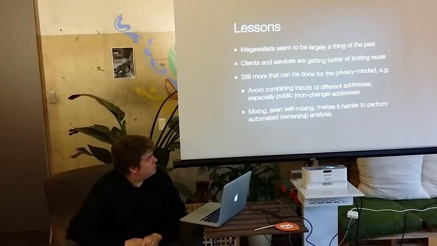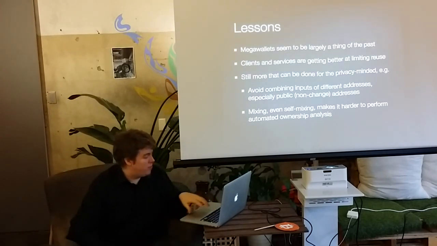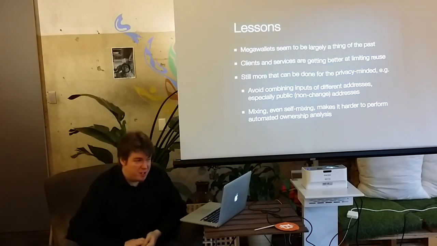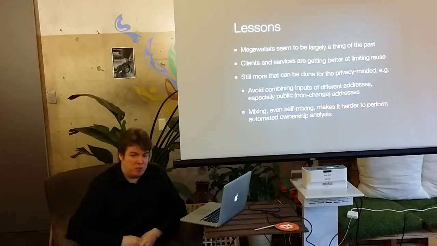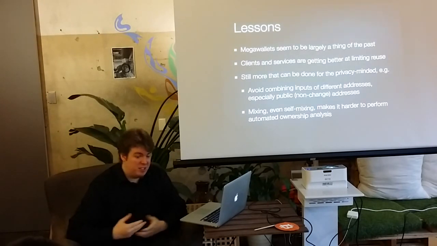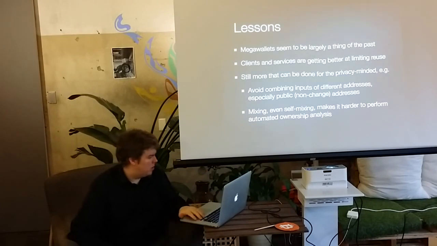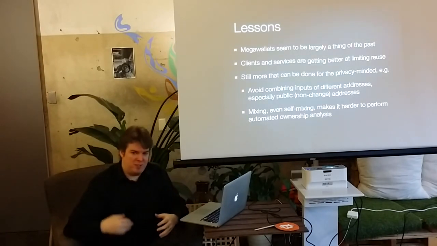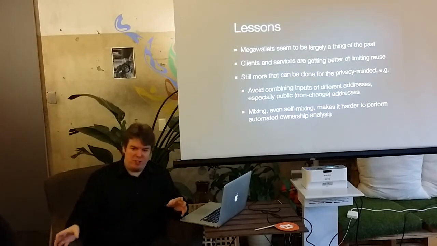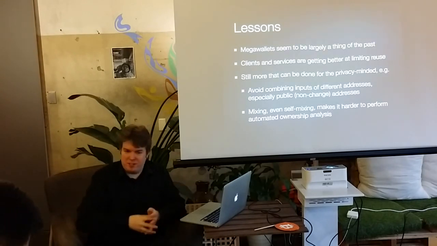Right. Well, as I said, if we follow some of these tricks, it makes it harder to do analysis. If you make it a habit of moving your own coins through new addresses every now and then, it makes it harder. The next step for the analysis would then be to trace which identified owner is sending to one other group of addresses.